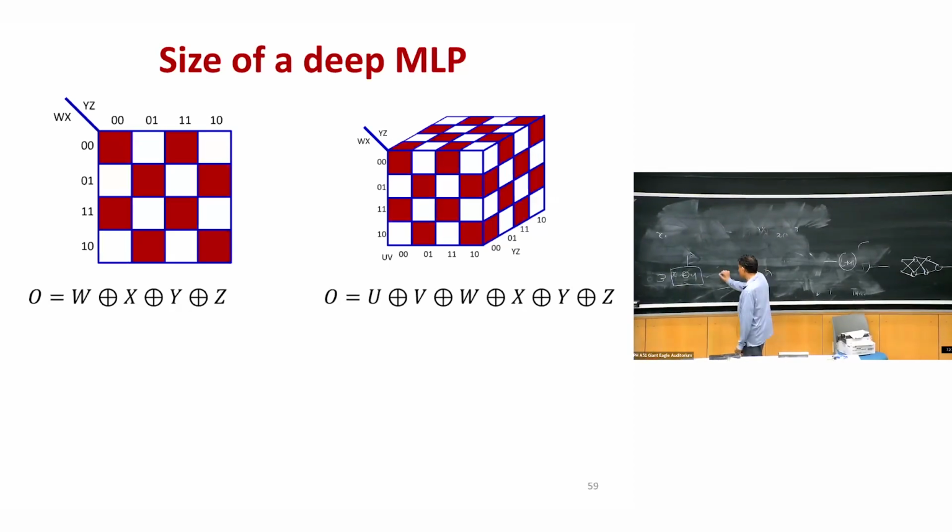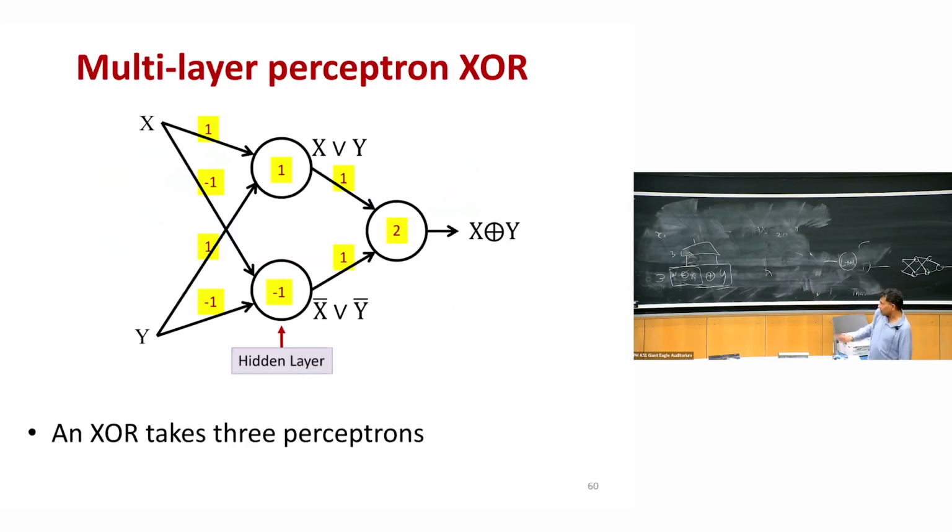This output can be W and X, and this can be XORed with Y. So this is going to need 3 more neurons. And that output can be XORed with Z. And so if I were to draw this, we know that an XOR takes 3 perceptrons or even 2.